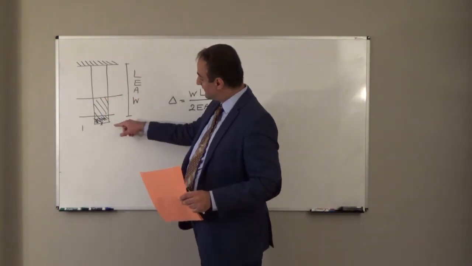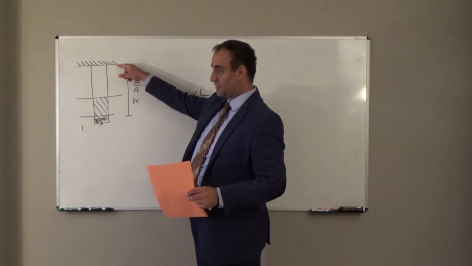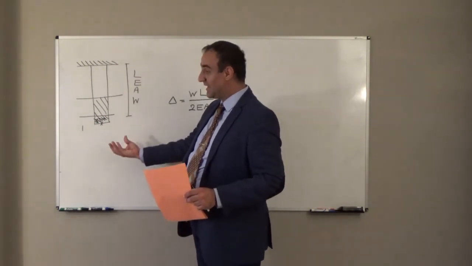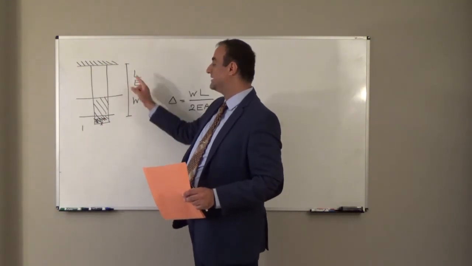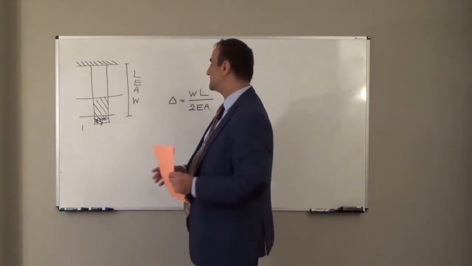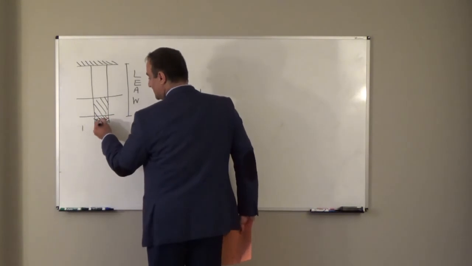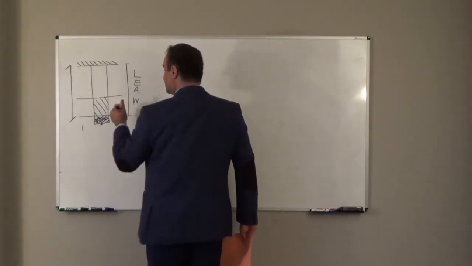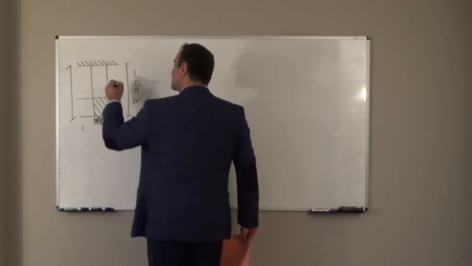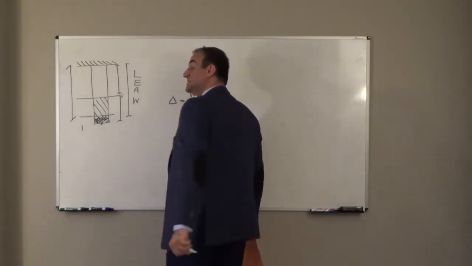You see, from free end to the support, the weight or external load is increasing, but the length of the rod is decreasing, because here the weight is this much, the length is this much. If I cut here, the weight is this much, but the length is this much.